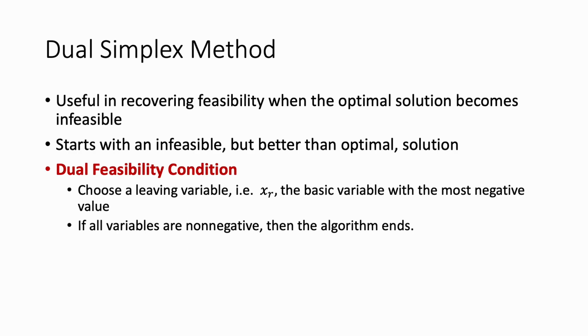Okay. So, under the dual feasibility condition, we choose a leaving variable, which is the basic variable with the most negative value. This variable leads to feasibility, meaning we allow more improvement. And then the algorithm ends when the variables are all non-negative.